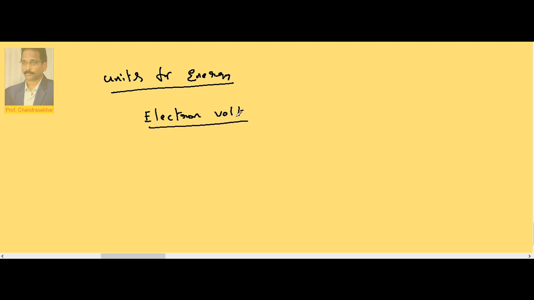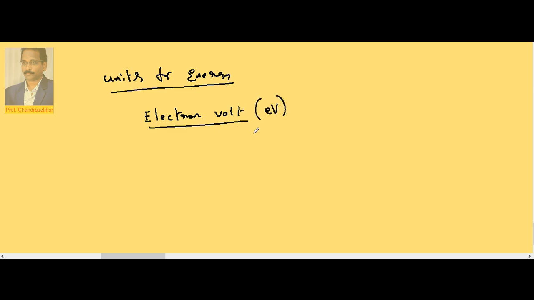Now, other units for energy. Normally, we take the electron volt. So what is this electron volt? Electron volt is a unit of energy. It is eV.